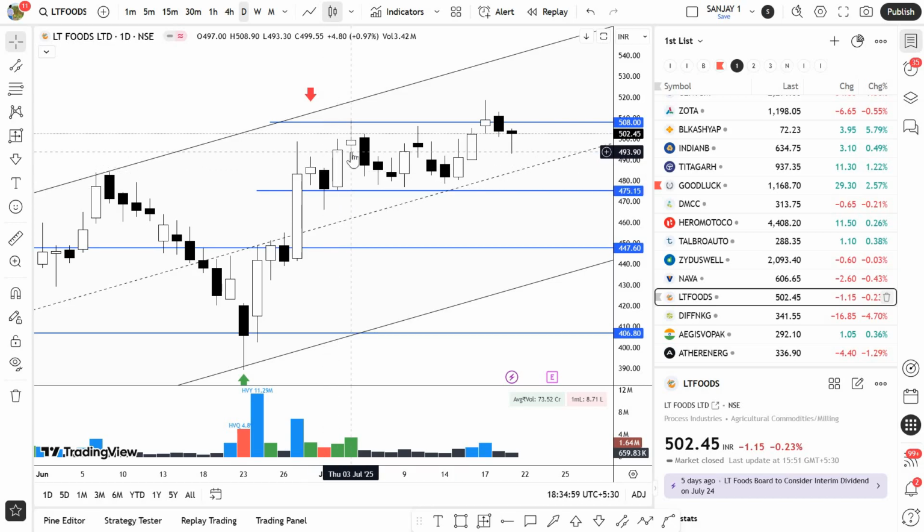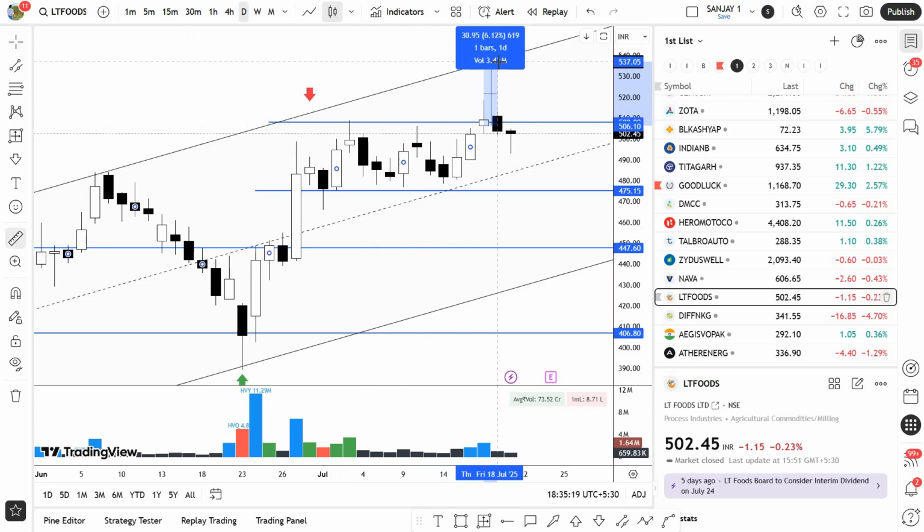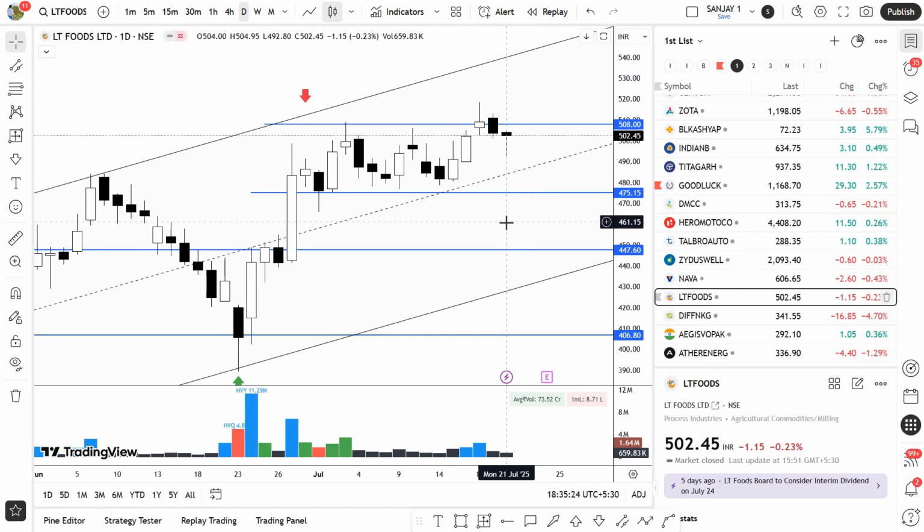Okay, on the next candle also it formed a doji and it is showing you some kind of trend weakness. Then on the next day, see, the candle has started to move down, then some consolidation. Okay, so this is how this big range has formed up, but you can see the projected target is not that good enough.